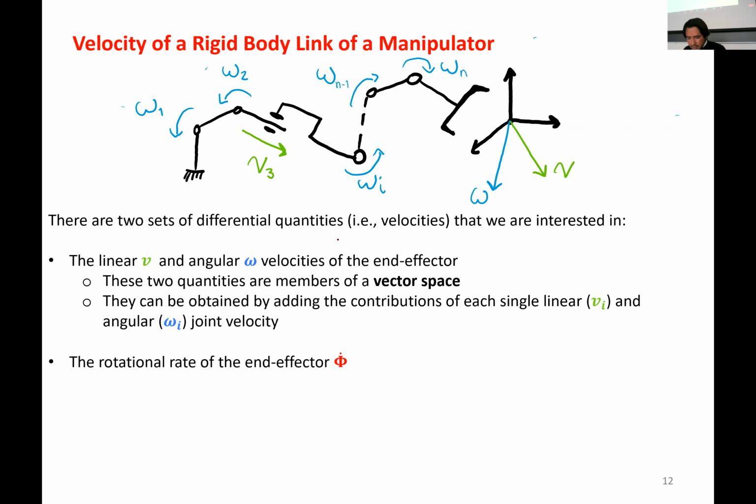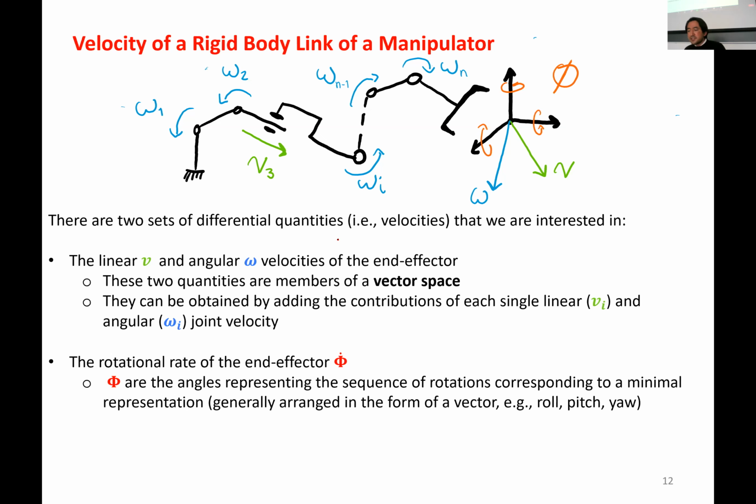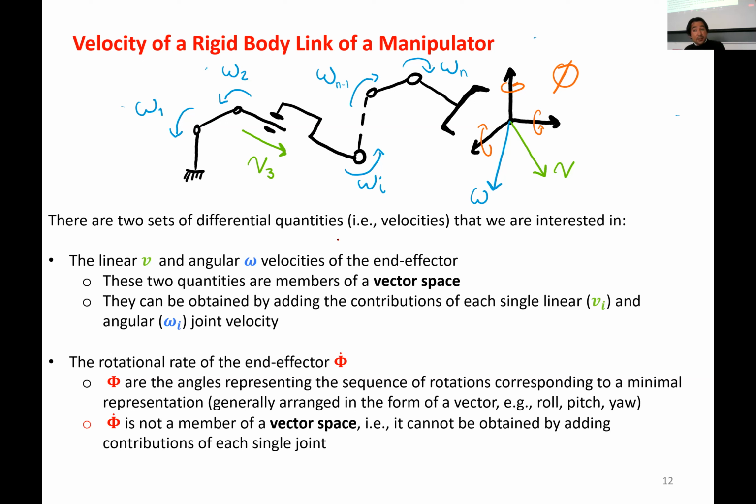Okay. Now, the other rotational quantity that we are interested in is the rotational rate of the end effector. What I mean by this is related to the angles representing the sequence of rotations corresponding to a minimal representation, for example Euler angles, as the professor showed in previous lectures. And what we care about is the rate of change of this. What's key to keep in mind is that this is not a member of a vector space.